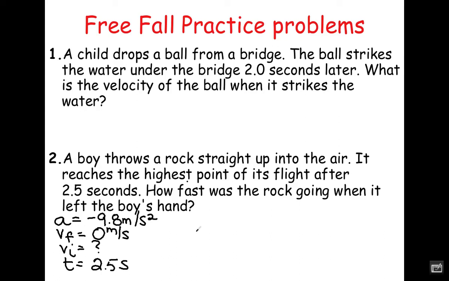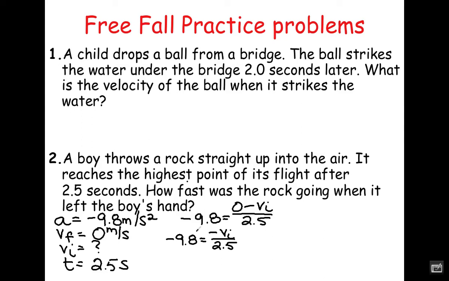So, if we go ahead and set up the equation, we get negative 9.8 equals our VF minus VI divided by 2.5. So I get negative 9.8 equals negative VI divided by 2.5.